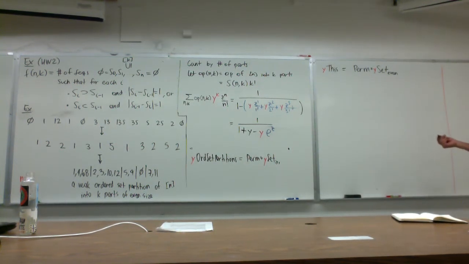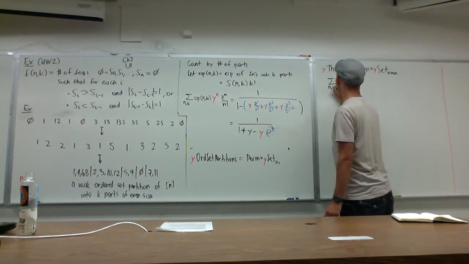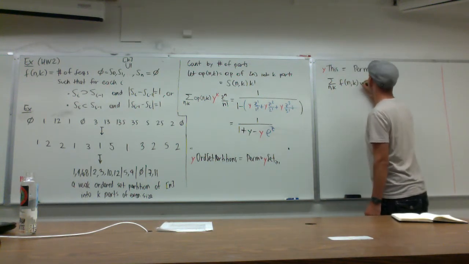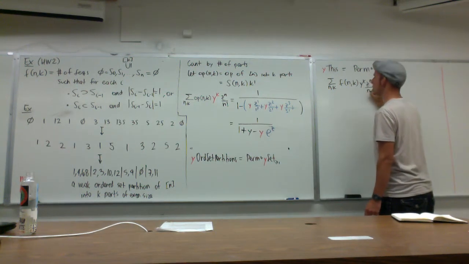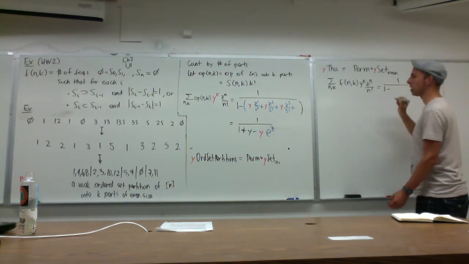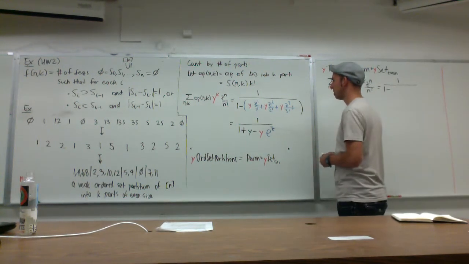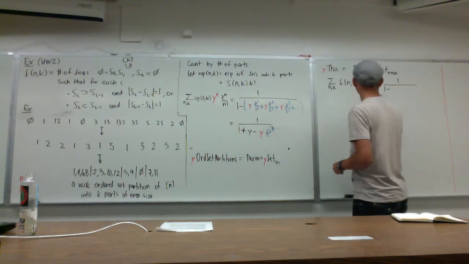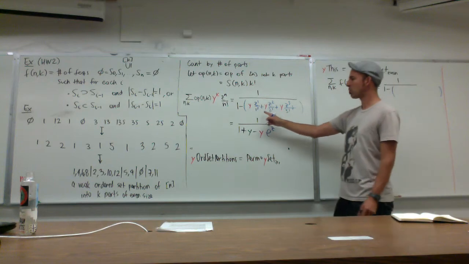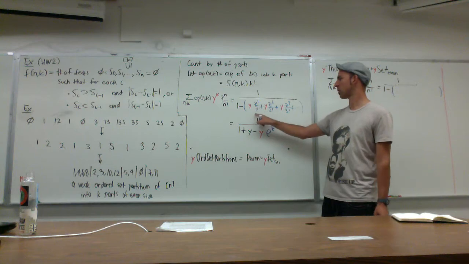So then, what do I get? What I get is that the sum over n and k of my problem, f of n k, y to the k, z to the n over n factorial, is equal to 1 over 1 minus what? Well, it's kind of a similar thing, except that here I was allowed every part, I was allowed sets of size greater than or equal to 1, which is why I had these guys.